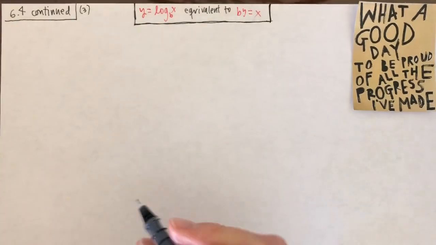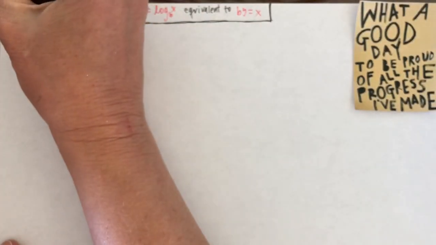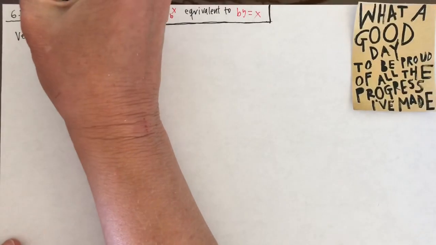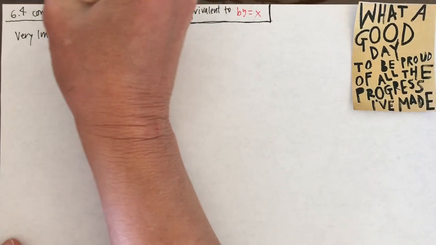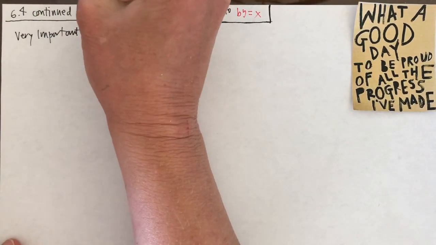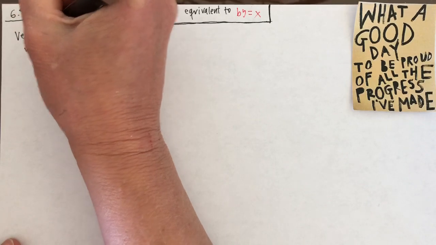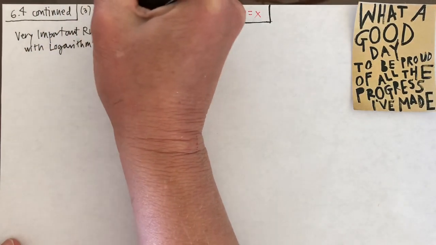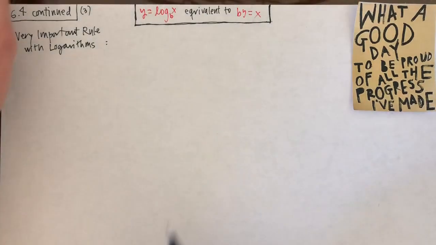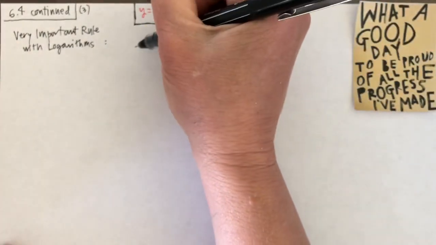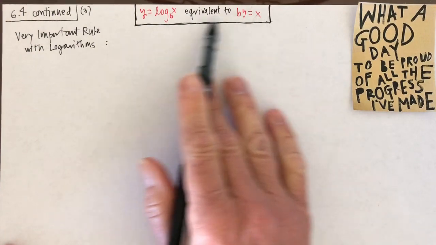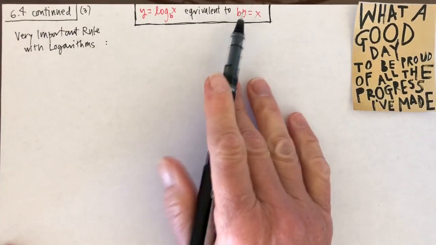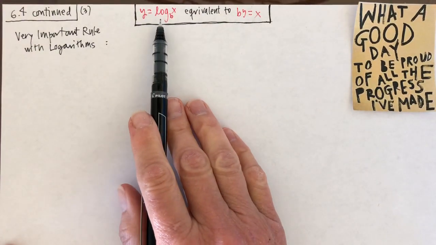One very important rule that we're going to use, it's a very powerful rule with logarithms. Okay, so this is our relationship that we want to remember. This is like the Rosetta Stone of logarithms and exponentials.